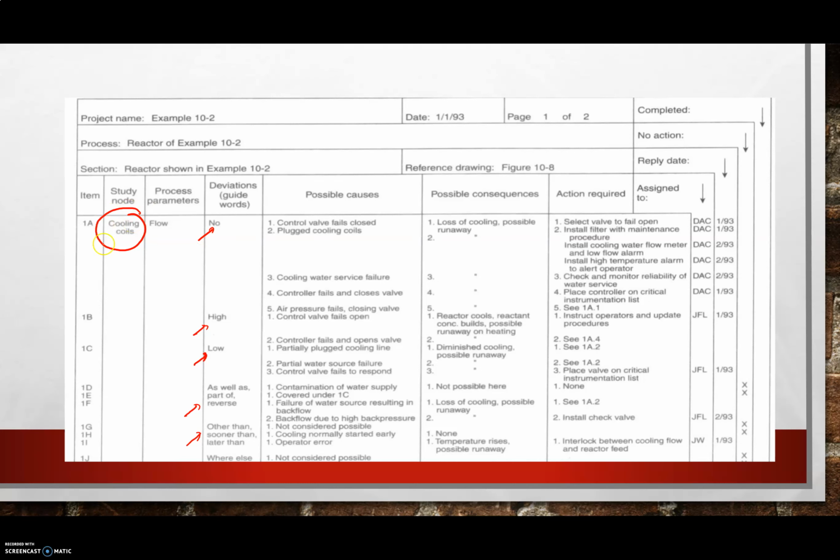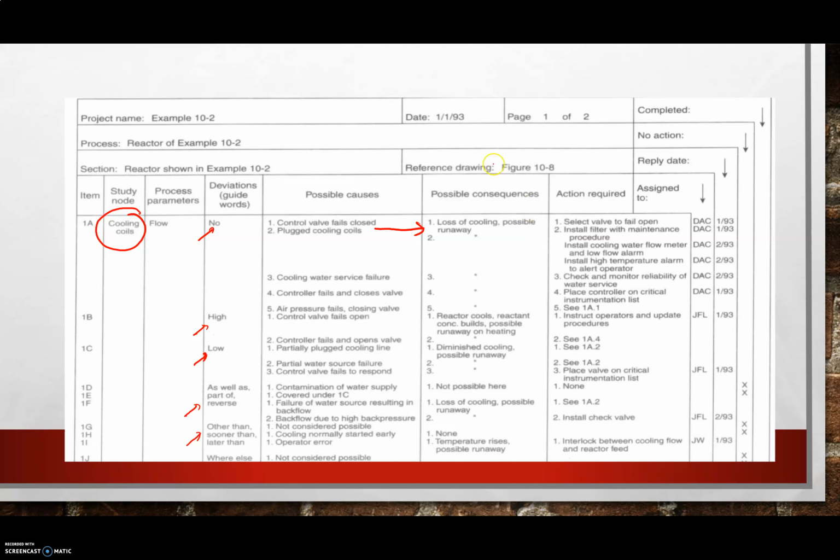So no flow inside your cooling coils. What is the possible cause? No flow in cooling coils may be caused by control valve fail close, and a plugged cooling coil can also affect the cooling coils. So the plug or the closing of the control valve will cause no flow in cooling coils. You will look at the possible causes and the possible consequences.